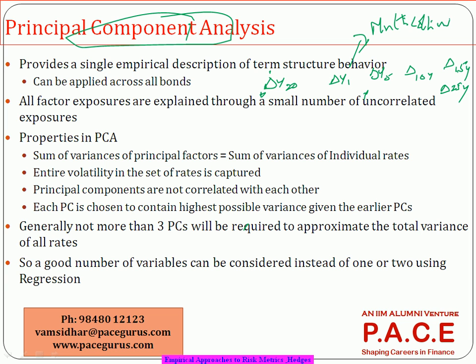Because of this multicollinearity, what we typically have to do is remove the interdependency of these independent variables. This is addressed through a process called principal component analysis.